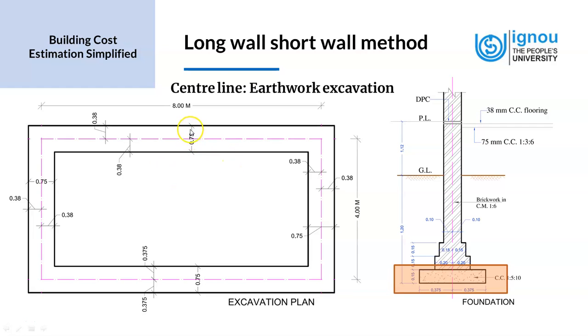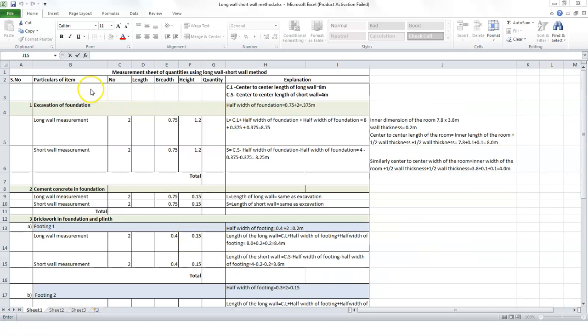And we have the foundation earthwork. The excavation will be at a width of 0.75 meters, and now we have the center line drawing of this. First we look at the measurement sheet that we have set up to find the items, the length, breadth and height using the long wall, short wall method.